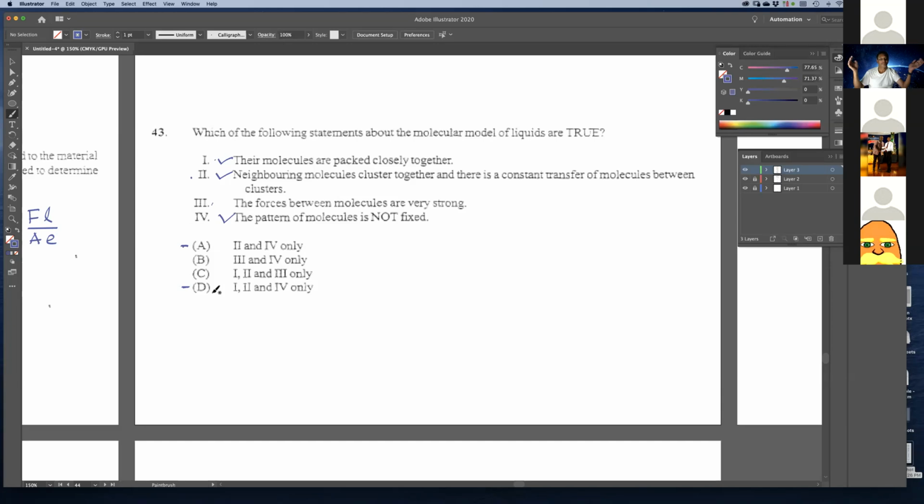But I guess A might be technically more correct, because when a solid is produced, there is some expansion. So I can accept both A and D. A might be the better answer, because this is always going to be true.